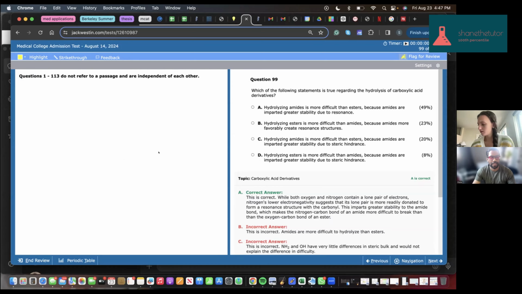But that doesn't tell me anything. What does it look like? Right, that's an amide. It'll probably have some H's there. Good. What about an ester?